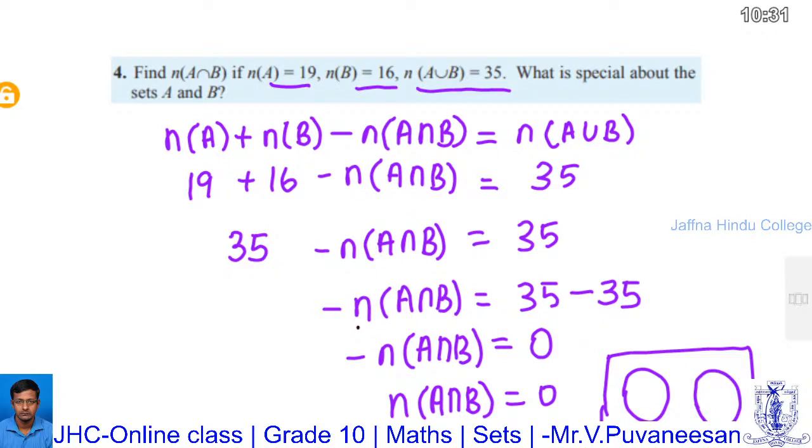If number of A intersection B equals 0, then there is no intersection between A and B. So these are disjoint sets, we can say A and B are disjoint sets. If there is an intersection, we can say A and B are joint sets. Now here there are no intersections, so A and B are disjoint sets.